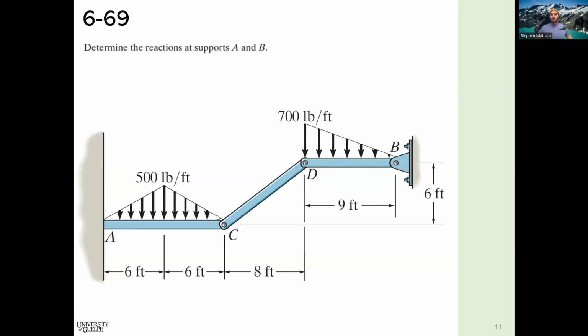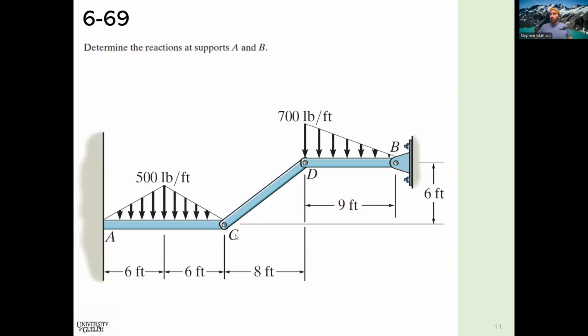Something else that's really important, or not really that important. If you don't notice it, it's not that big of a deal, but we can save a step here if we notice something. So take a second to look at this image and see if there's anything that looks familiar here that might be able to help us in our process.